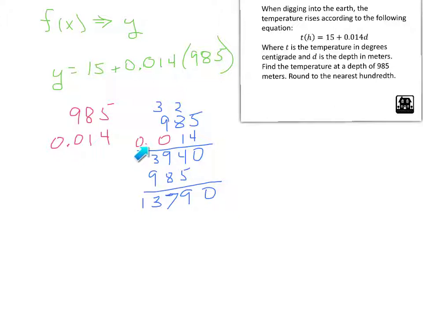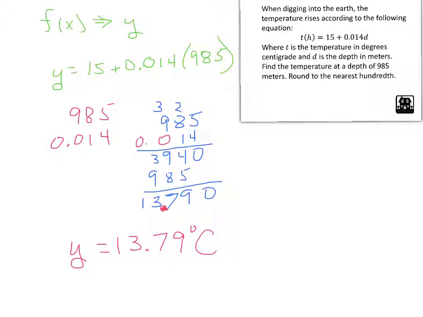The decimal was moved from here 1, 2, 3 places, so we write our new decimal right here. So our answer is 13.79. So y, which is the temperature, is 13.79 degrees centigrade.